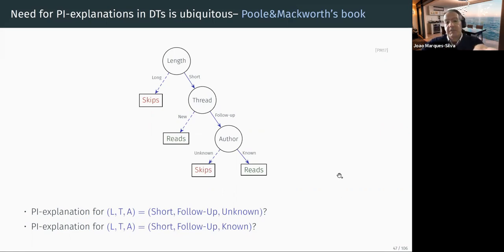And so what I'm trying to say is that most of the books we could come across, the trees that they use have this problem. So the paths will not be PI explanations. And again, this is inherent to the way you represent classification with decision trees. Okay, very good. Oh, there is another question. Okay, very good. No, this was just an answer to a previous question.